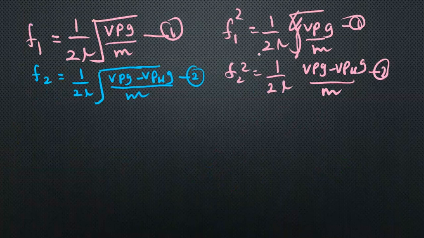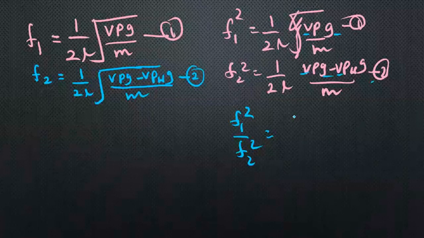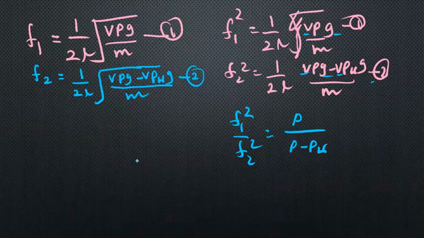Now I can divide these two. When I divide, I'm getting F1 squared divided by F2 squared equals, the 1 over 2L will cancel off. V is common, that will cancel off, and g is common and M is common. So after dividing, I'm getting rho divided by rho minus rho W.